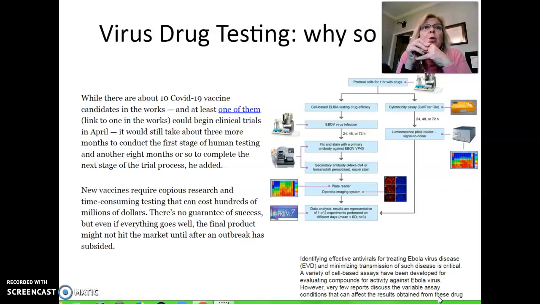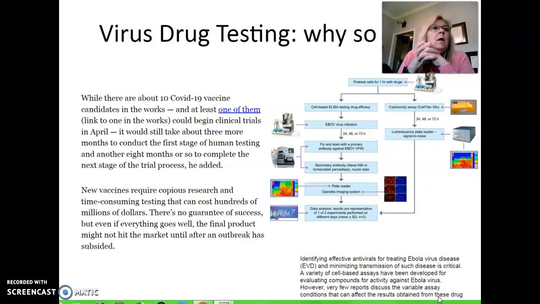So this works you through a step-by-step process of what exactly had to be done to start to create some kind of Ebola virus vaccine. And so that's what this process is, and that's a pretty long process.